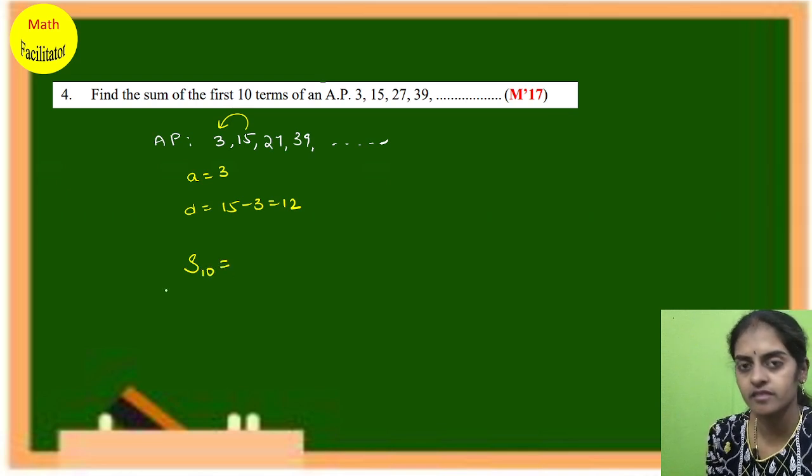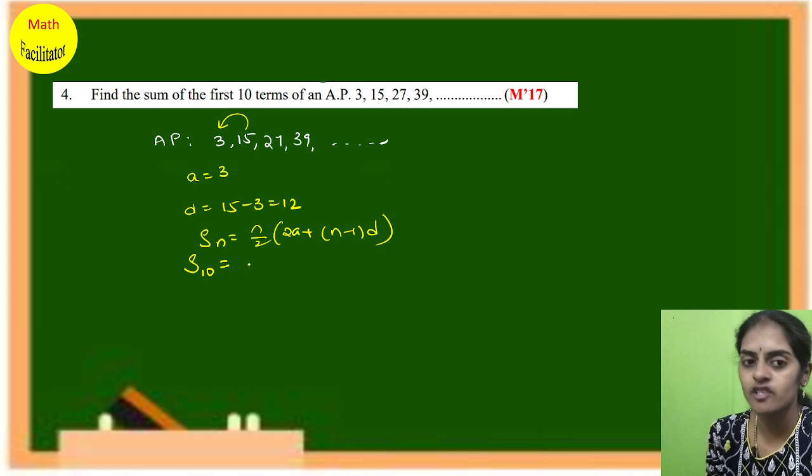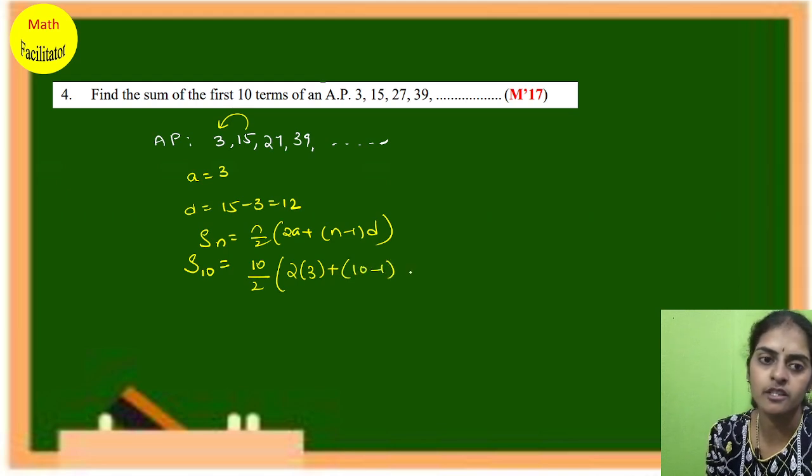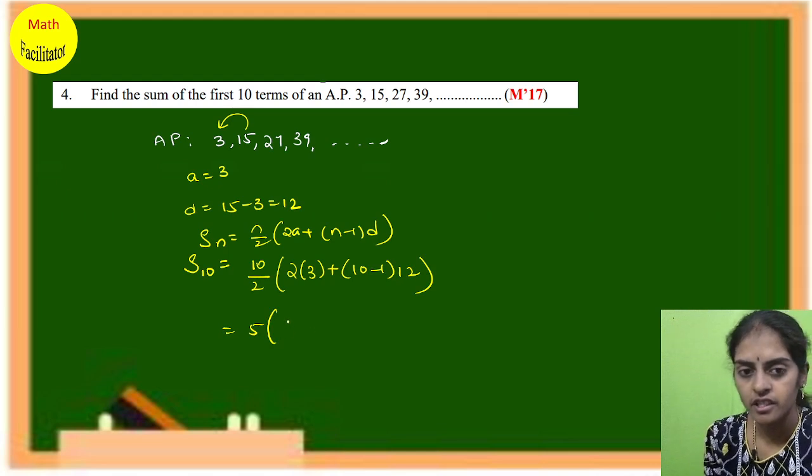S10 I want. I know Sn is equal to n by 2 into 2a plus n minus 1 into d. So S10 is nothing but 10 by 2 into 2a plus 10 minus 1 into d. d is 12. So 10 by 2 is 5, 2 3s are 6 plus 10 minus 1 is 9, 9 into 12.